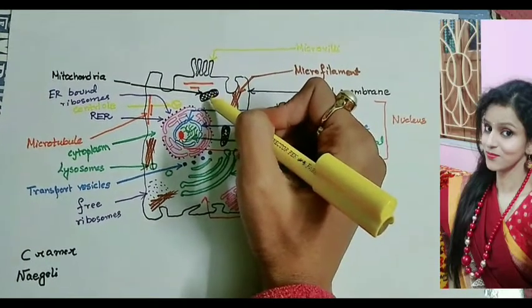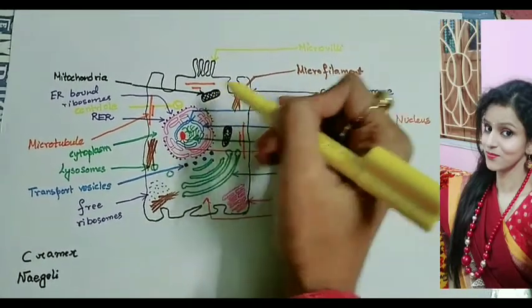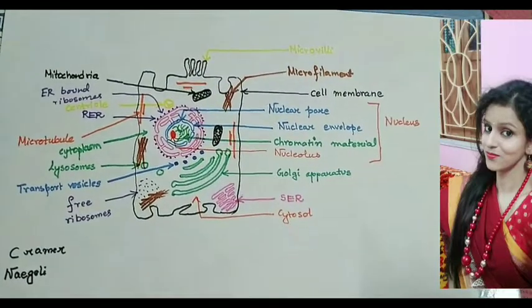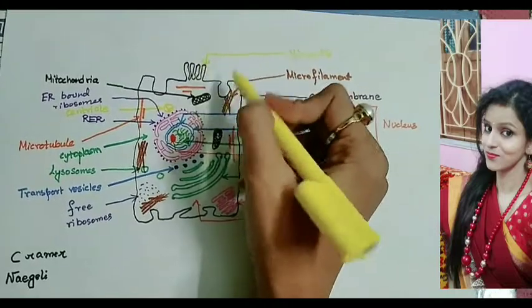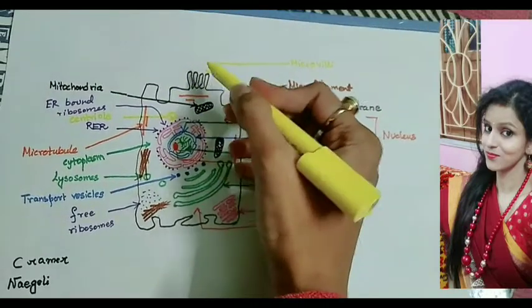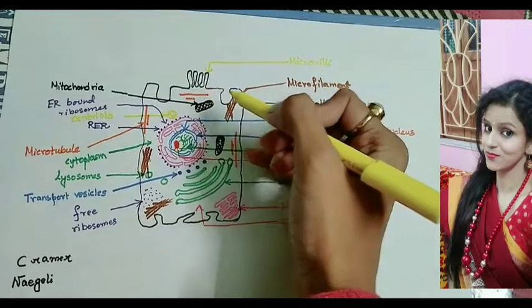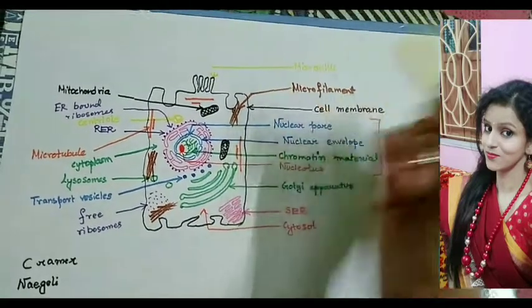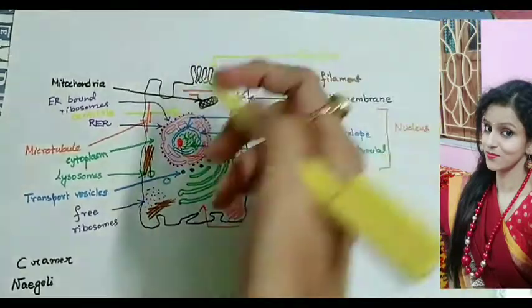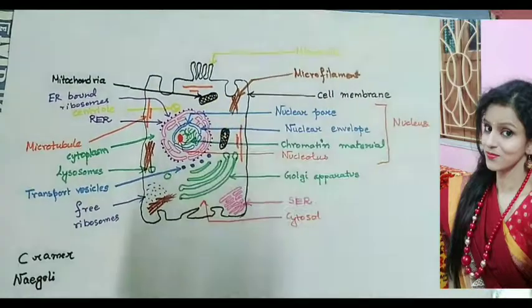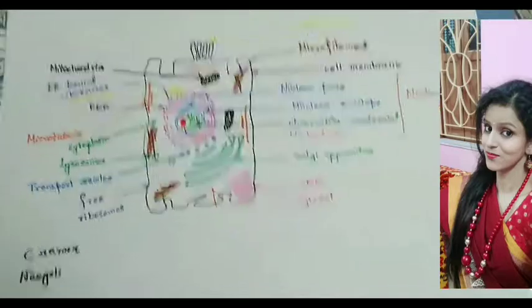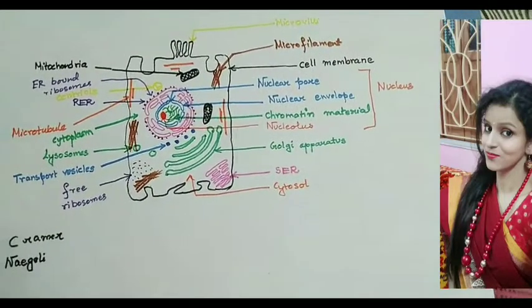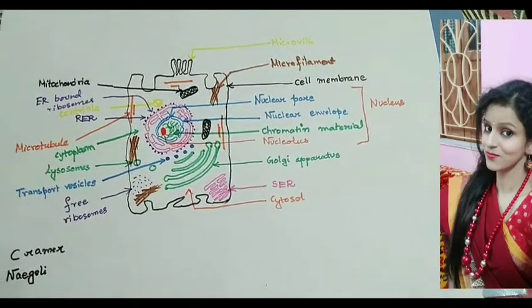If any substances want to come inside, it can also do that. It also helps the cell to stick to the surface or to attach to another cell. If it wants to attach to another cell, it can do that. If it wants to stick to the surface, it can also do that. So these are the main functions of the microvilli, which you have to remember. I hope it is clear to you.